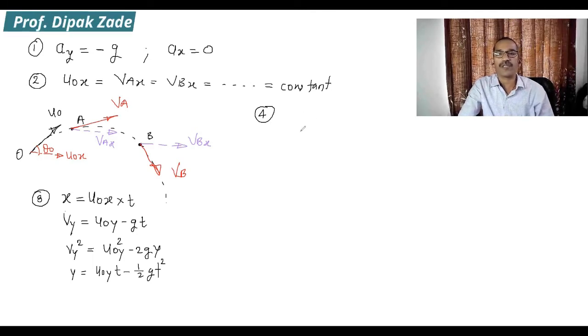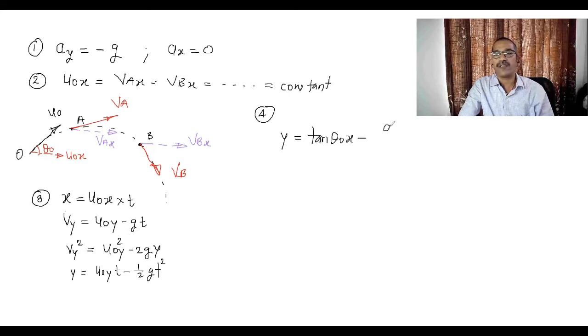So for projectile motion, equation of path is given by y equal to x tan theta 0 minus gx square upon 2u0 square cos square theta 0, where all terms are simple to understand. u0 is the initial velocity of projection, theta 0 is the angle of projection, y means vertical displacement or final position with respect to initial position, x is the horizontal displacement.